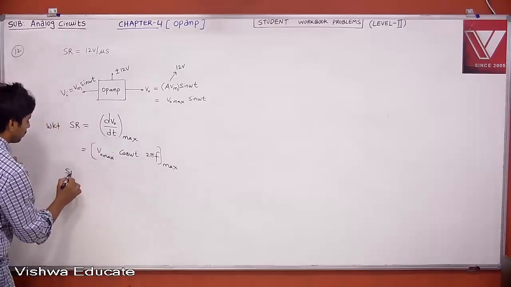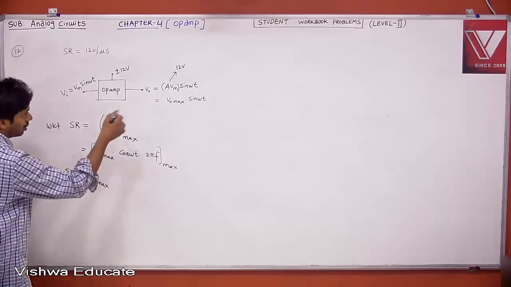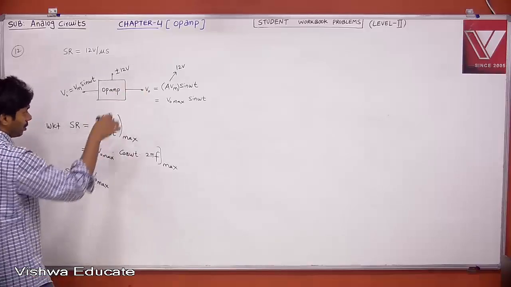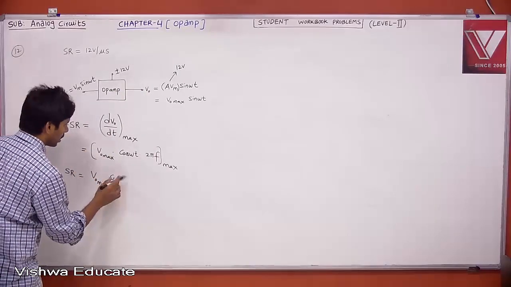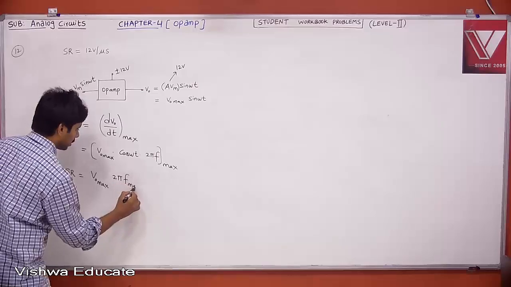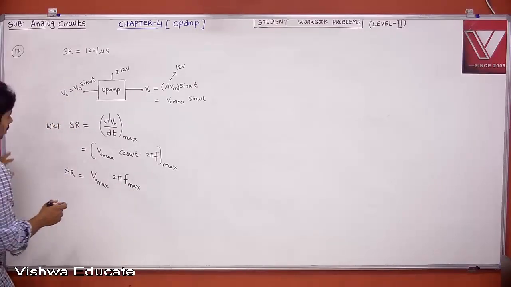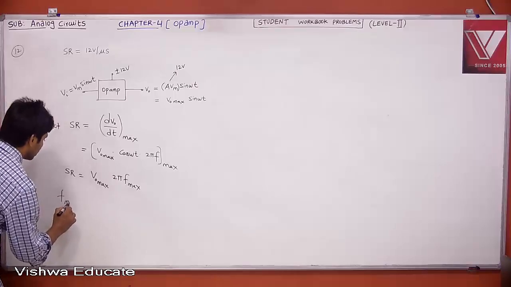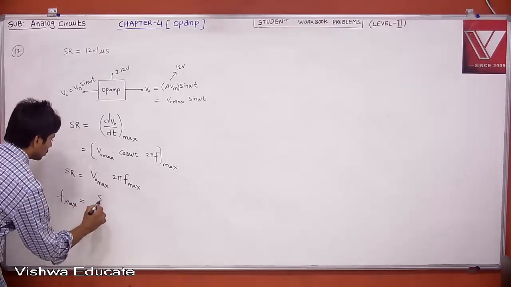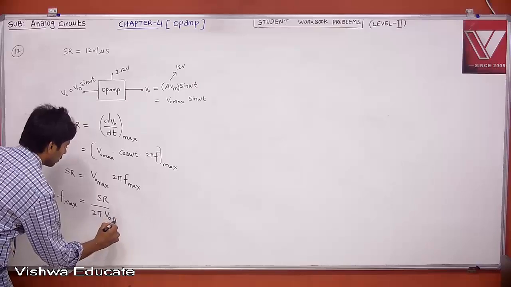This is maximum only when V0 is maximum, that is the maximum voltage, right? Into cos omega t is nothing but 1, and 2 pi f max. Therefore f max is equal to slew rate divided by 2 pi V0 maximum.